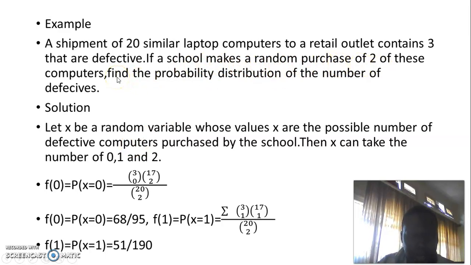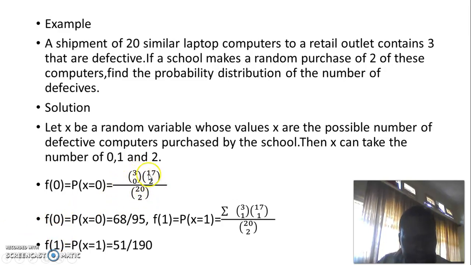So it is possible that both are defective, or that 1 is defective, or none is defective. So the probability of 0, 1, or 2 defective is given by this formula.